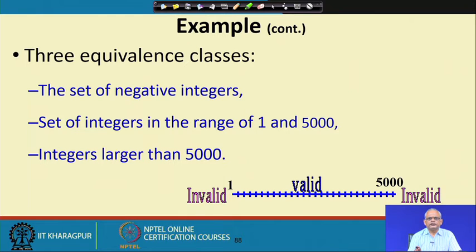So, the set of negative integers, the set of integers between 1 and 5000 and integers larger than 5000, these are the three equivalence classes.